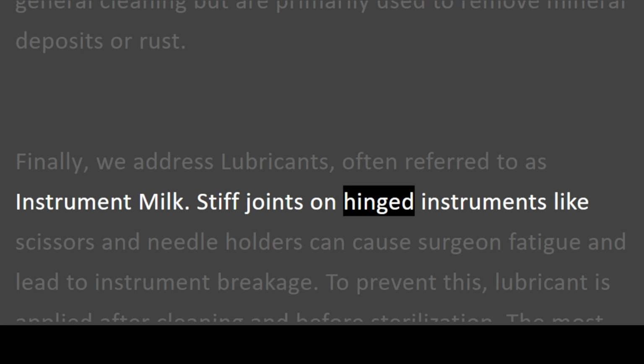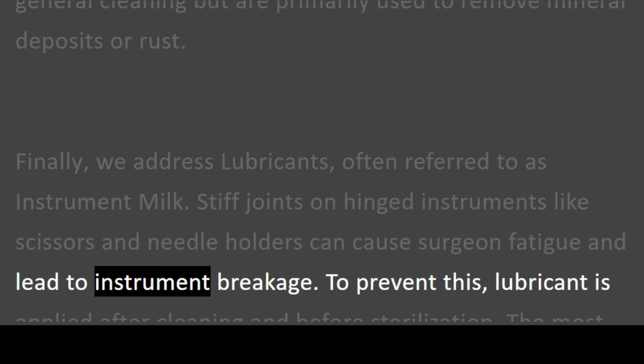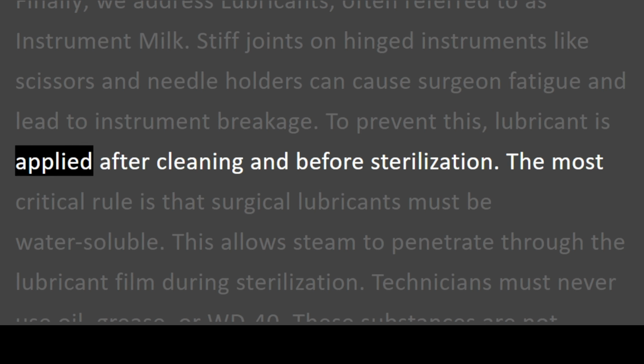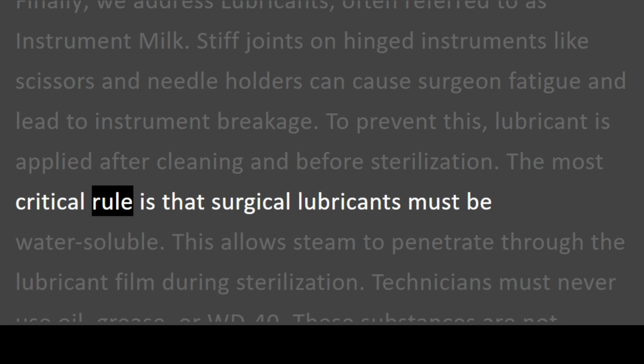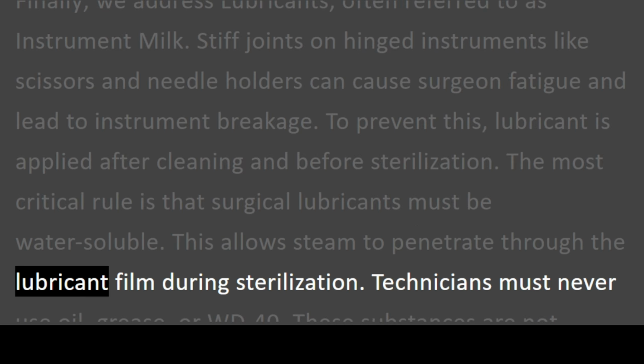Stiff joints on hinged instruments like scissors and needle holders can cause surgeon fatigue and lead to instrument breakage. To prevent this, lubricant is applied after cleaning and before sterilization. The most critical rule is that surgical lubricants must be water-soluble. This allows steam to penetrate through the lubricant film during sterilization.